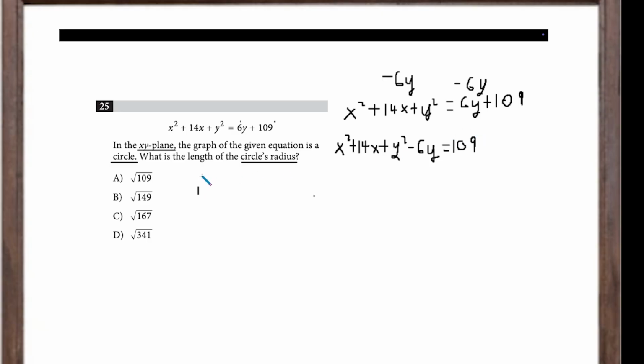So now we want to make our x and y terms almost in the form of a quadratic equation. So we're going to want to complete the square for both of these to make x squared plus 14x into a perfect square. So we're going to do 14 divided by 2 squared equals 49.